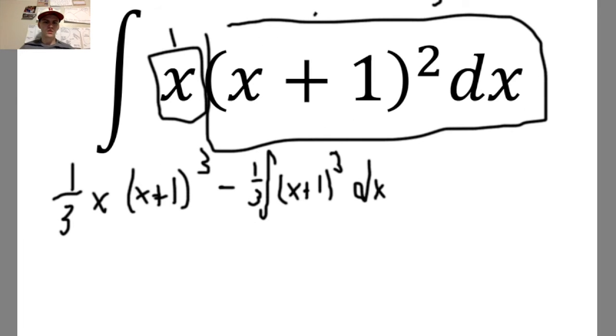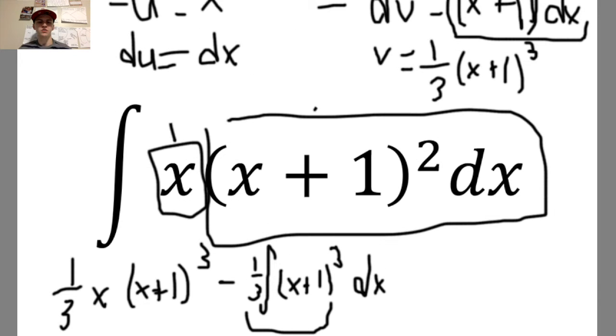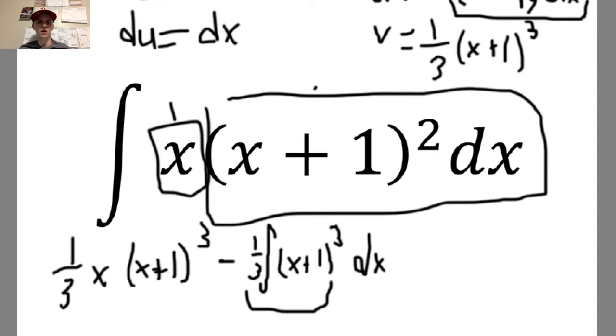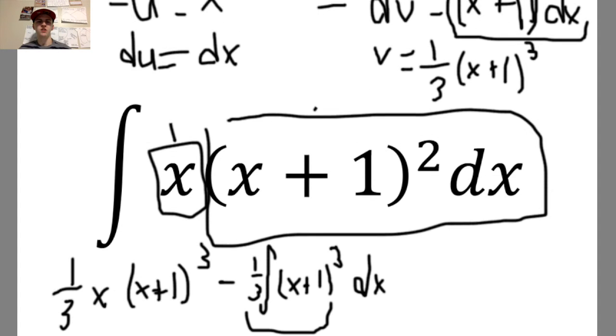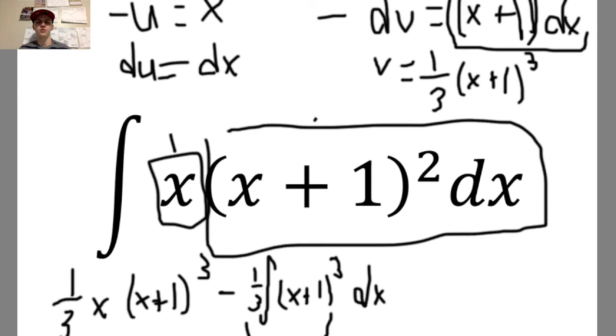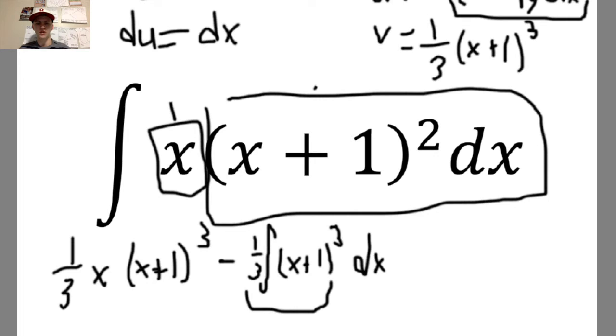So this is what the answer is, but I'm just going to simplify it a little. I'm going to take the integral of this part. And this is a really important point. If this part of the equation, the integral of this, after you do the integration by parts rule for the first time, so we just went through it one time, and this integral here is more complicated than this one, or it's the same, then I would change u for something else in the equation first, and if that doesn't work out, then you probably need to use a different rule that you haven't learned yet.